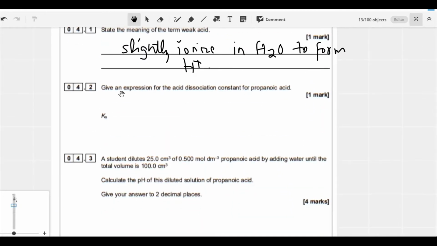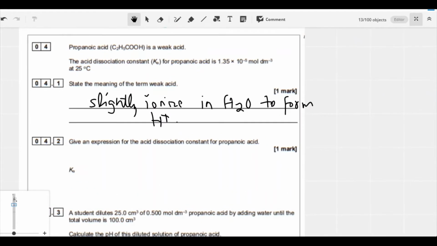Okay, next, give an expression for the acid dissociation constant for propanoic acid. As you know, the propanoic acid will convert into propanoate and another ion, that will be H positive.